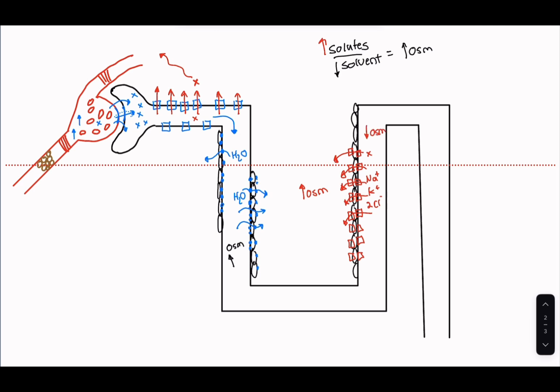And so this ascending limb is also known as the diluting region, because what I'm doing is I'm removing all the solutes. Therefore, all I'm left with is largely solvent. So I've diluted the fluid within these tubes. Therefore, it's called the diluting region. But within this region, I'm increasing the osmolarity because I'm pumping out a bunch of ions. So imagine all these little red guys are ions that I pumped out. And I'm starting to increase the osmolarity of this space that's located in the medullary region or the middle of my kidney.